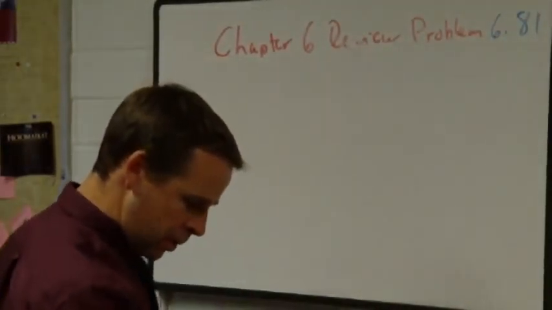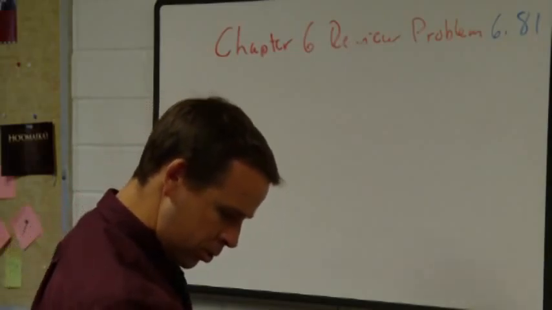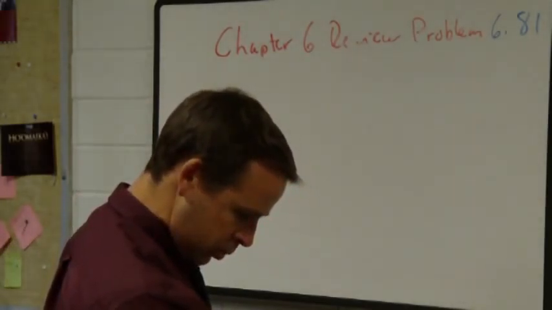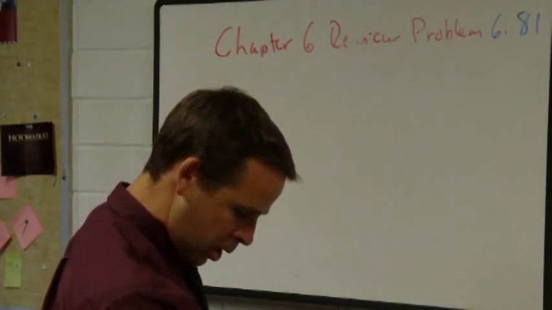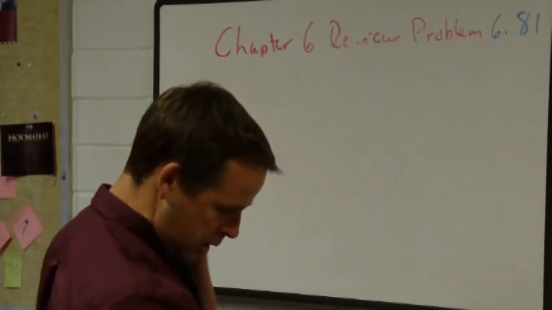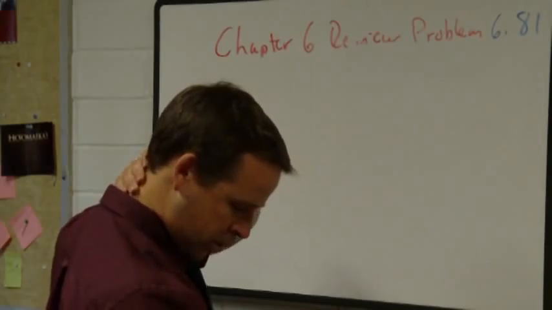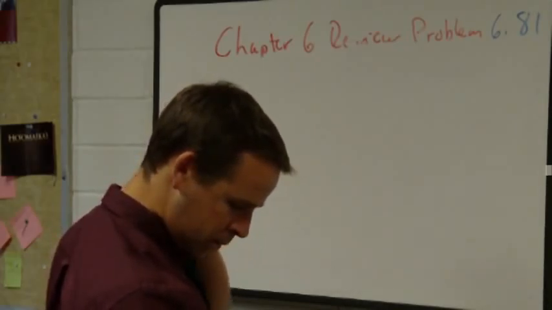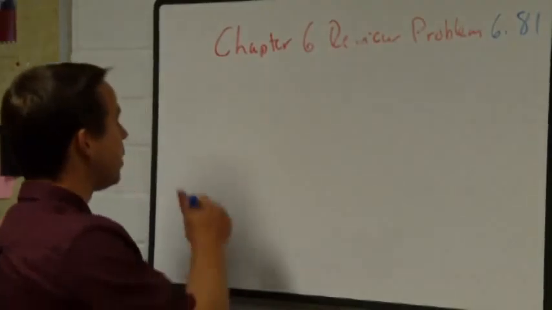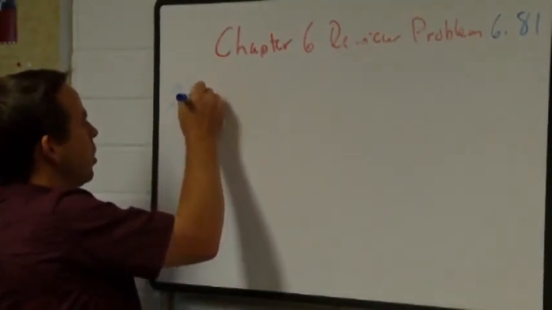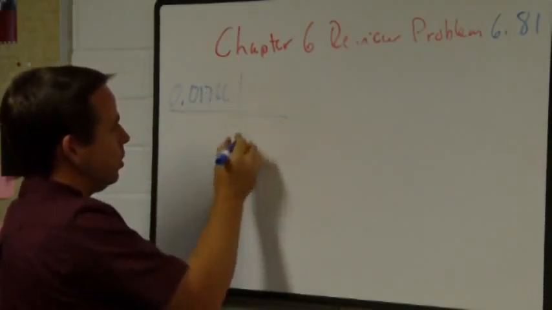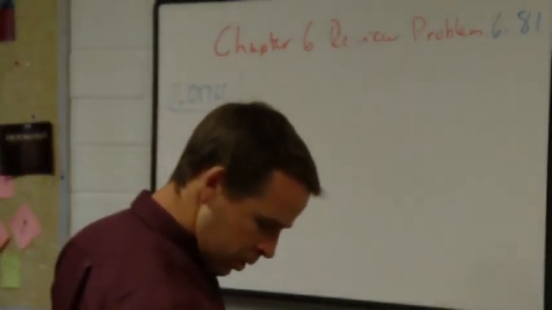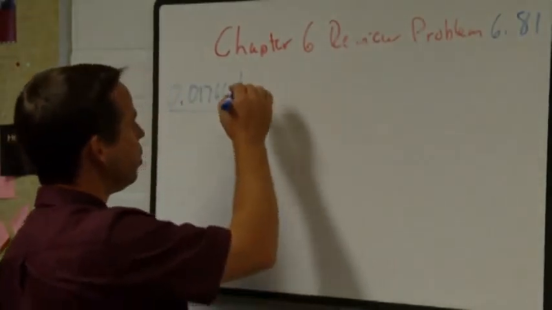Okay, so 681. Hydrogen peroxide solution can be purchased in a drugstore. A sample of such a solution weighing 1 gram was acidified with sulfuric acid and titrated with 0.02 molar potassium permanganate. The ionic equation for the reaction is as follows. Titration required 17.6 milliliters of potassium permanganate. 0.0176 liters of the potassium permanganate solution, and for every 1 liter of the solution, there's 0.02 moles.